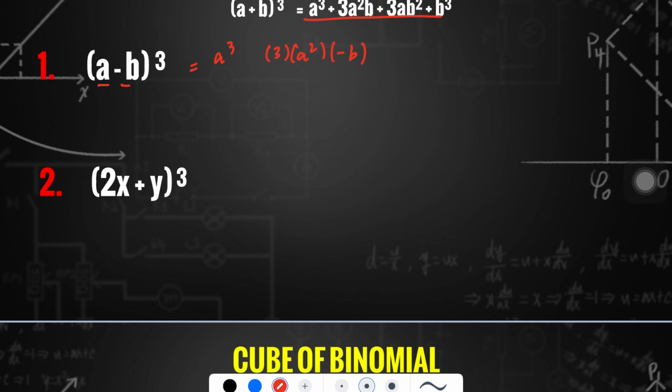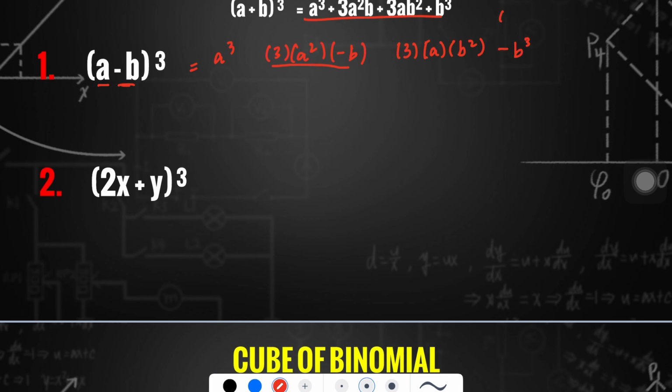I'm not putting the operations just yet because we're going to evaluate this one. And then 3 times the first term, which is a, and then square the second term, so that's b squared, and then cube the second term, so that's negative b cubed.